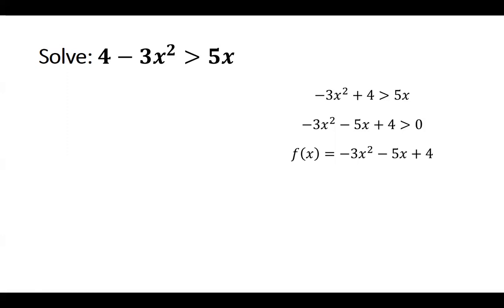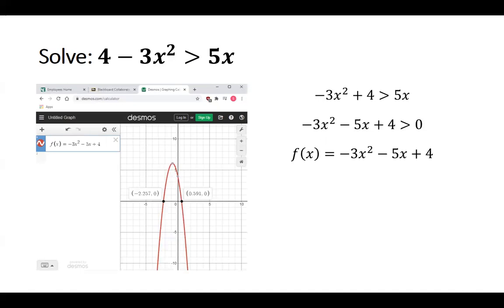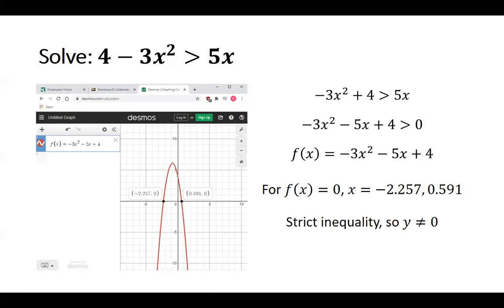Now that I have my inequality, I can take the function f of x equal to negative 3x squared minus 5x plus 4, and I can graph it. And when I do, I get this. I see that it crosses the x-axis at negative 2.257 and 0.591. And I do notice also that it is a strict inequality, so I cannot allow y to be equal to 0.